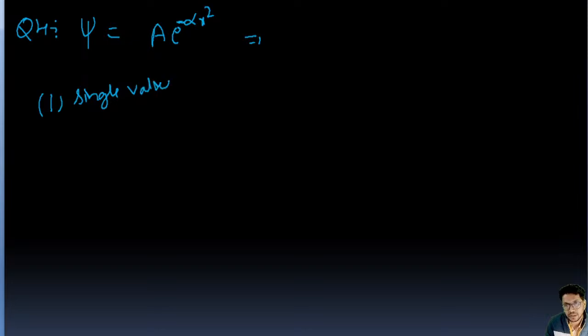It's single valued. First condition satisfied, single valued. Second, it will give a finite value, and we can see this is x square.